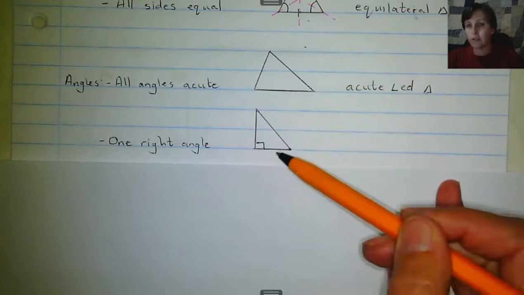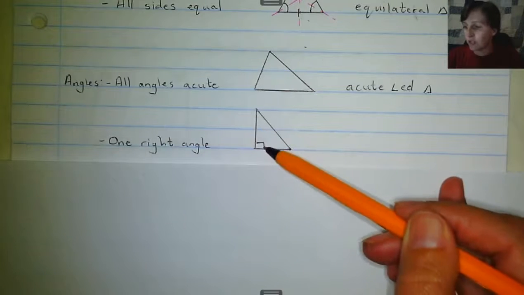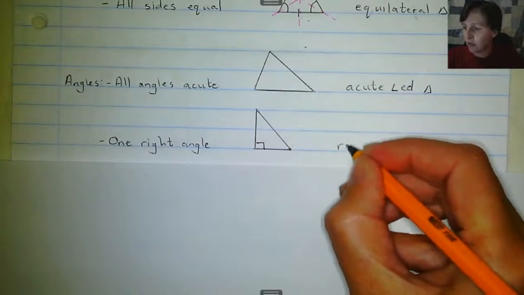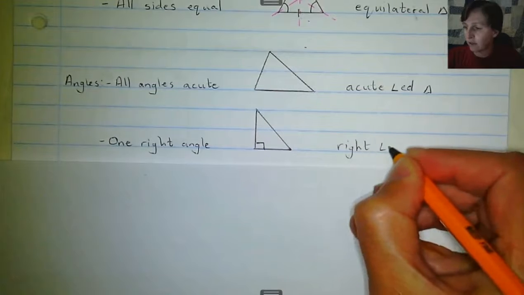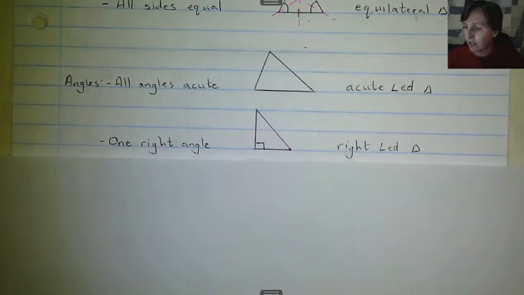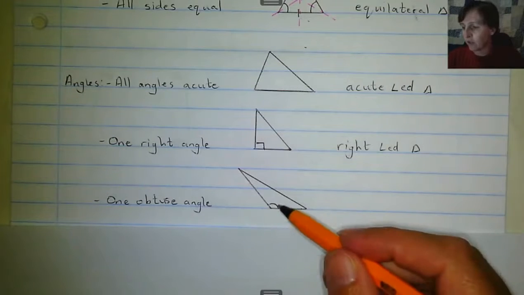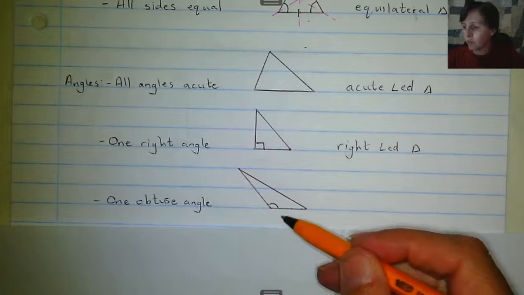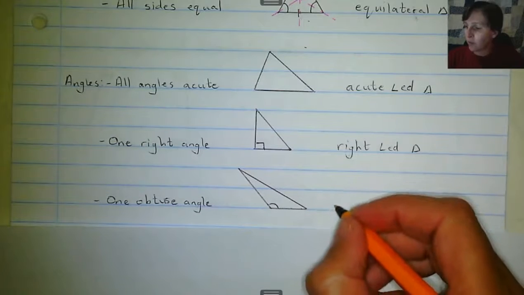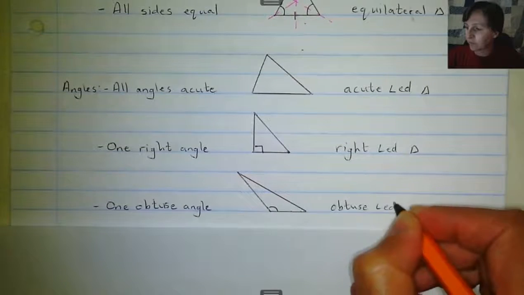Remember that we can't have a triangle that has more than one right angle. If our triangle has one right angle, we call it a right angled triangle. And if our triangle has one obtuse angle, it can't have more than one, we call it an obtuse angled triangle.